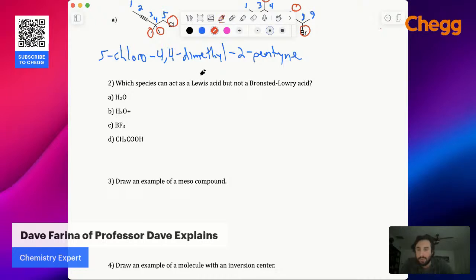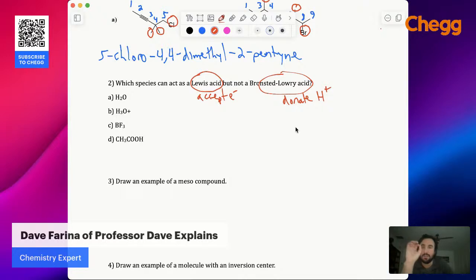So what are these, right? A Lewis acid will donate electron pair, right? Sorry, no, that's not right. A Lewis acid will accept an electron pair, and a Bronsted-Lowry acid will donate a proton.